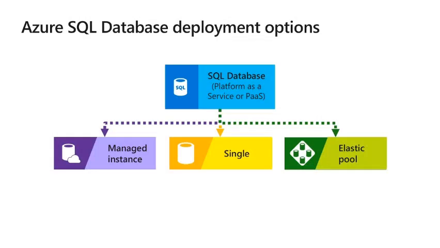So there are three deployment options. Azure SQL Database deployment options. There are three: managed instance, single database, and elastic pool. SQL Database Platform as a Service, or PaaS, is offered based on these three deployment options.